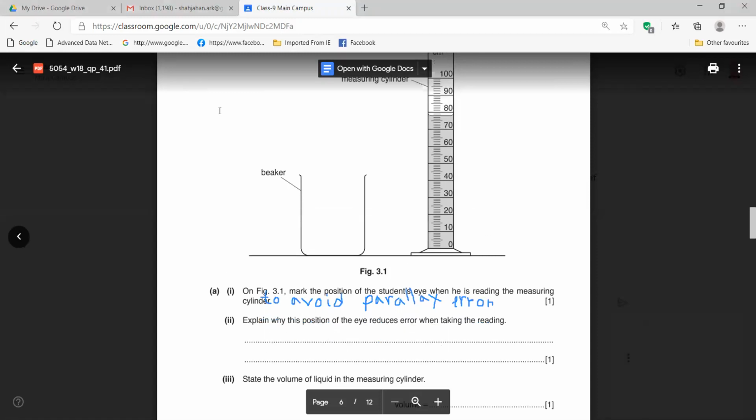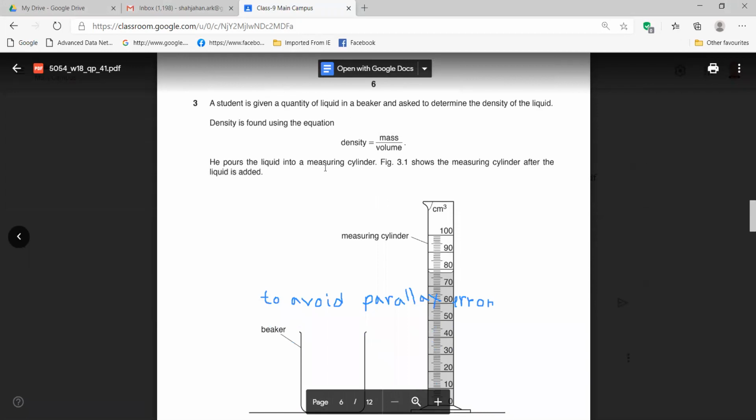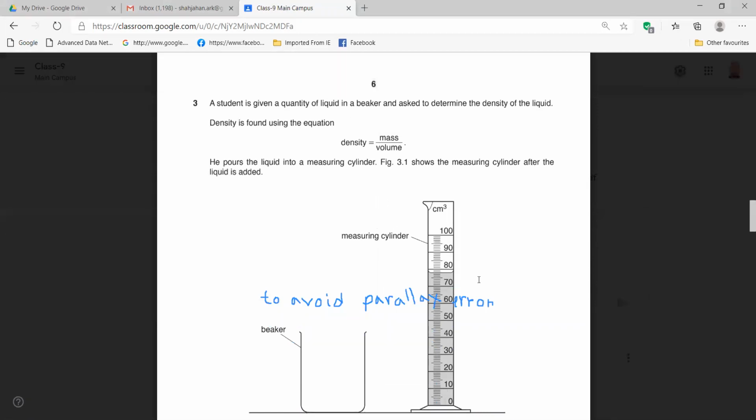Due to the refraction of light, if your eyes are below this level, then there will be refraction of glass and water together. For this reason you will not see the accurate position of the water level, the lower meniscus level. Maybe you will see it some points above 78, because of this refraction of light.